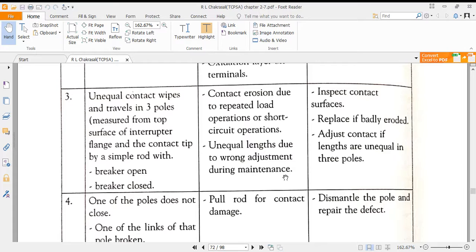Another is unequal length due to wrong adjustment during maintenance. The lengths of the arms contacting the poles are not properly adjusted, so all three poles are unable to meet simultaneously.